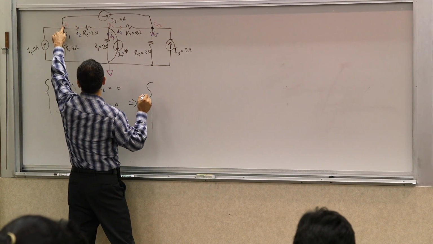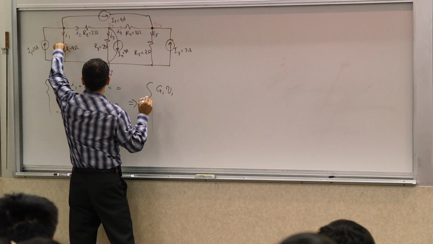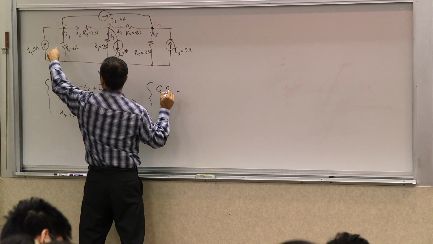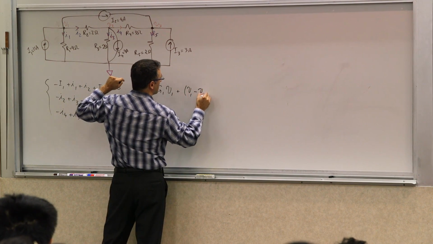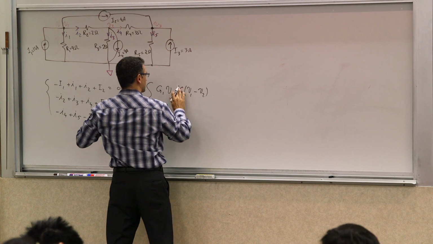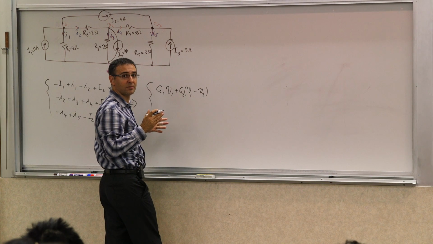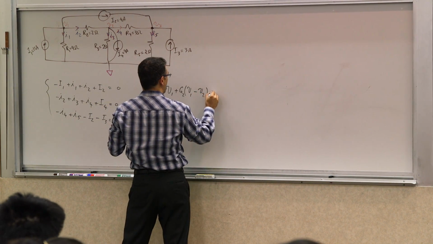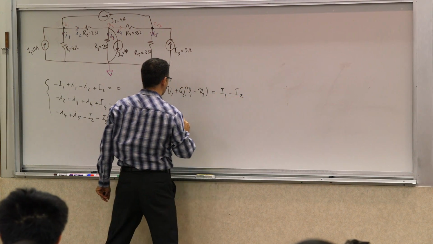I1 is G1 V1, because it's V1 divided by R1, plus now V1 minus V2 times G2. You should convince yourself, and if any of these things don't make sense, you should stop me right there or ask me why. Equals, now I move these to the other side, I1 minus I2.